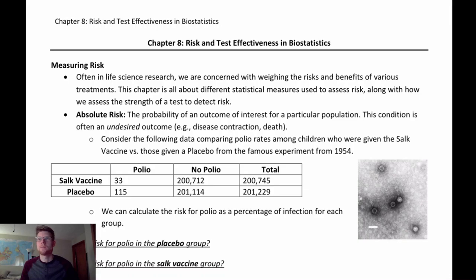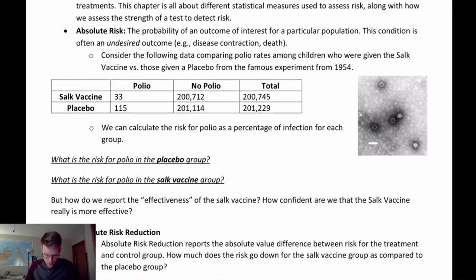So we can calculate the risk for polio in each of these groups, and then compare those probabilities to see if there might be a difference and how we can quantify what that difference is.